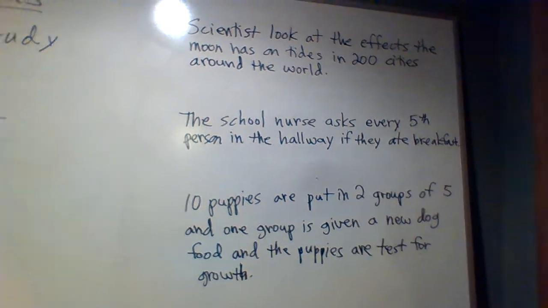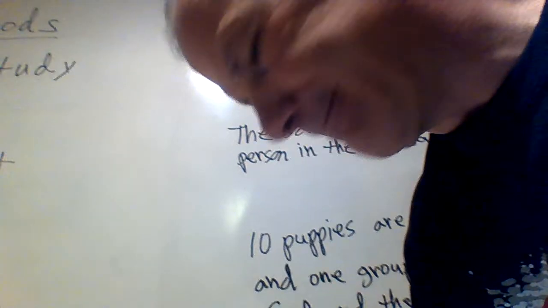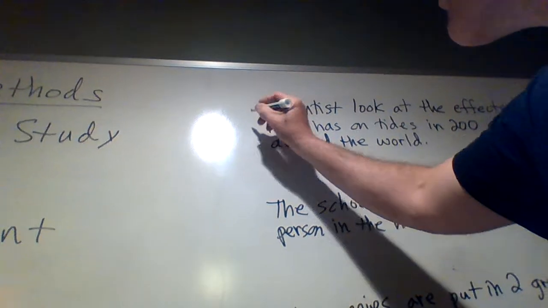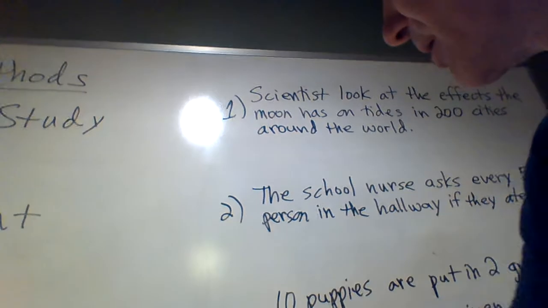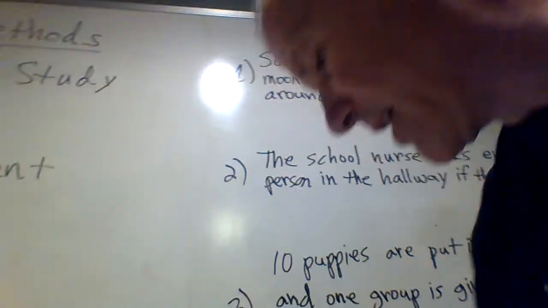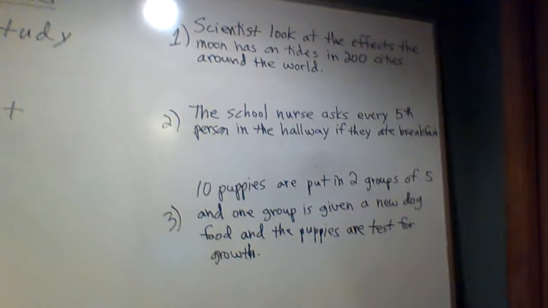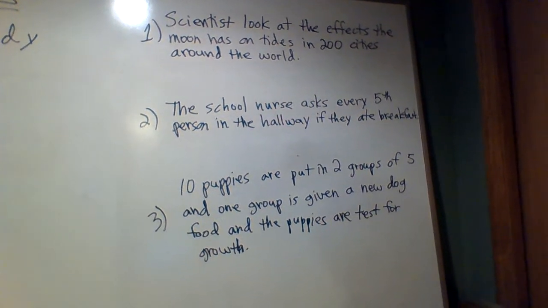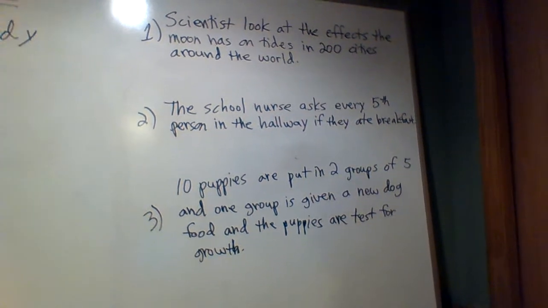Let me. I know this is okay. We're going to say this one's number 1, this one's number 2, and this one's number 3. You can match this to the different words, like in the journal for your answer.